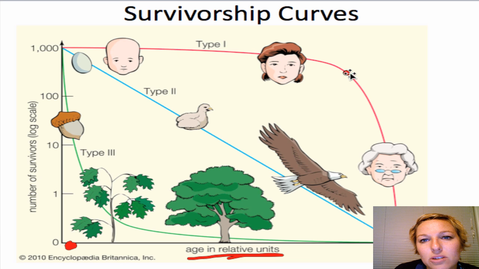However, once we meet a certain age, say 75 to 80, that death rate increases incredibly. And so we have a lot of death towards the end of our life. But during our lifespan, when we're young and when we're adult, we're good, right? We don't have as high of a chance of dying when we're young or middle aged as we do when we're old. Okay, so that's type 1, and that's like humans and large mammals.